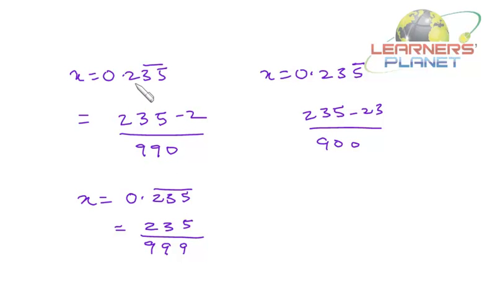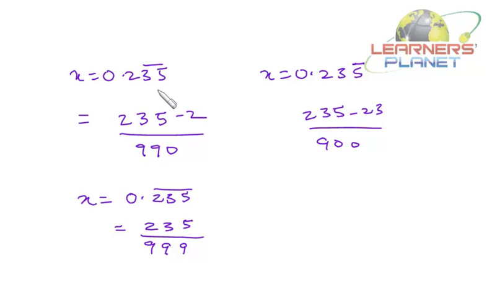Similarly, I am having one digit without bar, so I'll be putting one zero over here. Here I am having two digits without bar, so I'll be putting 2 zeros, and here I have no digit without bar, so I will not be putting any zeros. If you can memorize this concept, it will be very easy for you to tackle this sort of question in your examination.